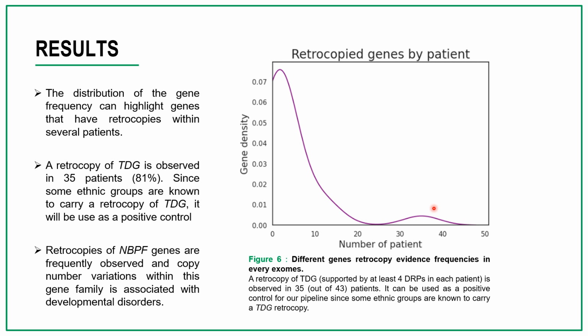So we chose to use it as a positive control for our pipeline. We also observed that the NBPF family genes have a high retrocopy frequency across our patients, and they are known to have a role in developmental disorders. So we need to study this a bit more.